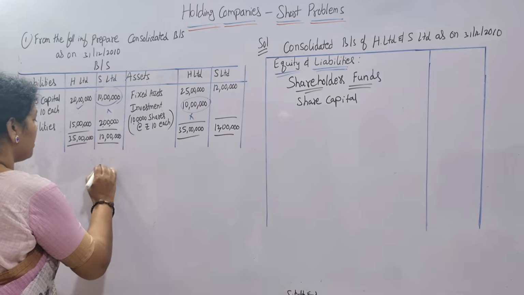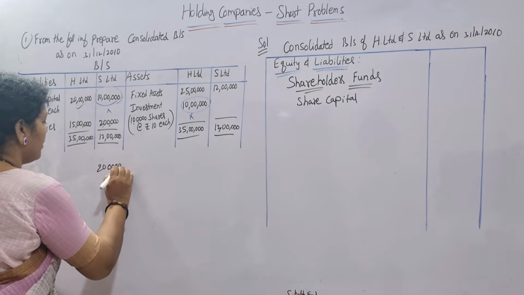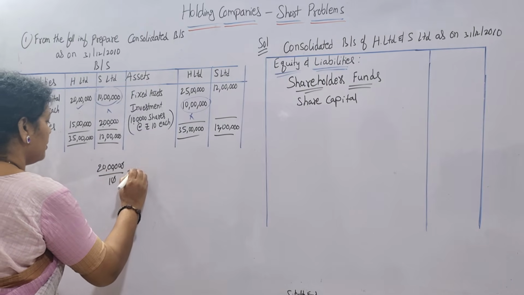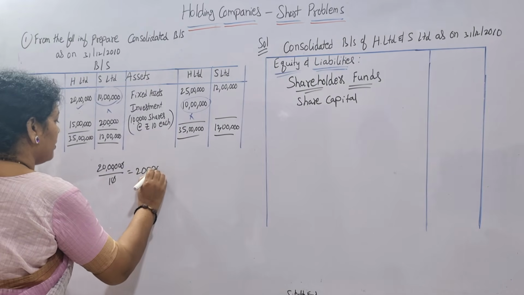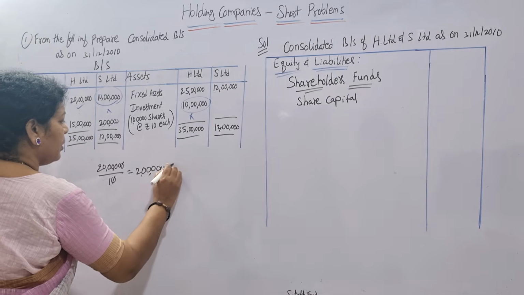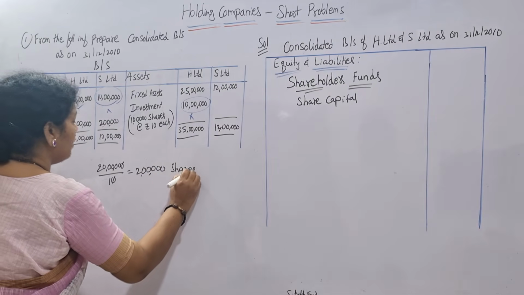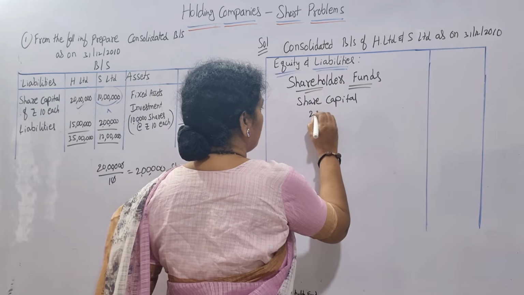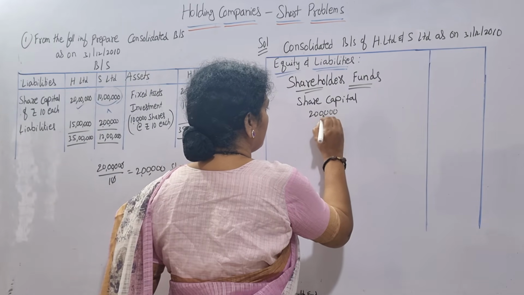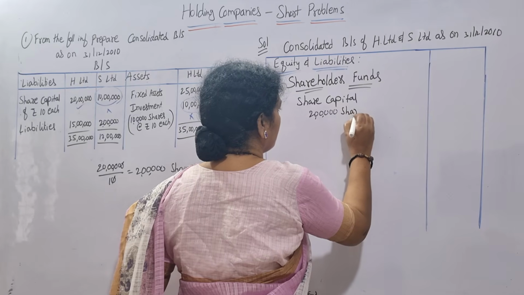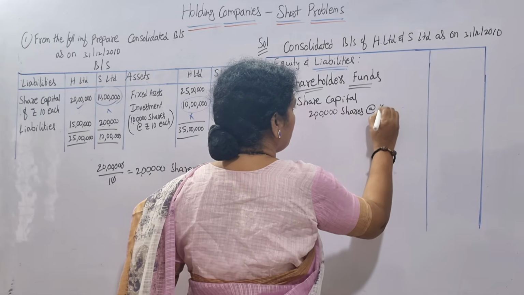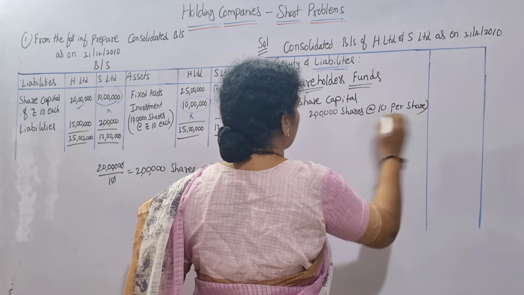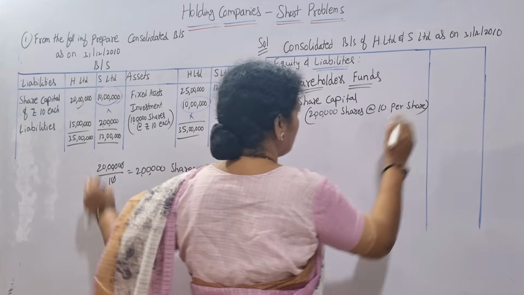How many shares do you get? 2 lakh shares at the rate of 10 rupees per share. That is what we are going to write. How much is it? The same, 20 lakh, we will write.